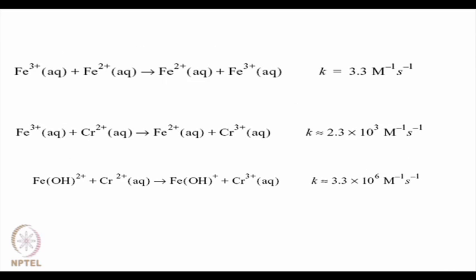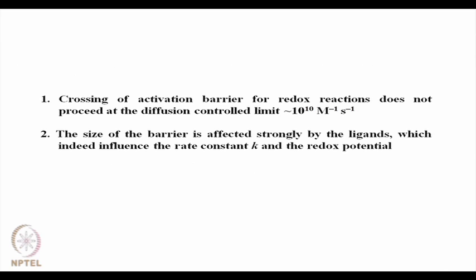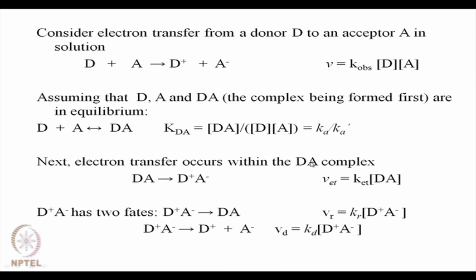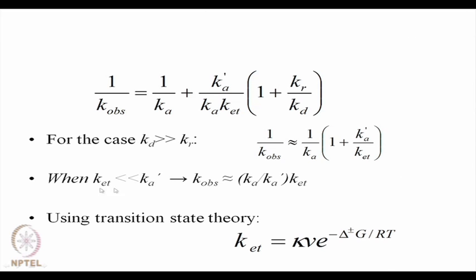Okay. We discussed that with several examples, and we also talked about their kinetics and the factors that affect it, and different situations, like when Kd is much greater than Kr, or when K electron transfer is much less than K dissociation of your donor-acceptor contact complex.